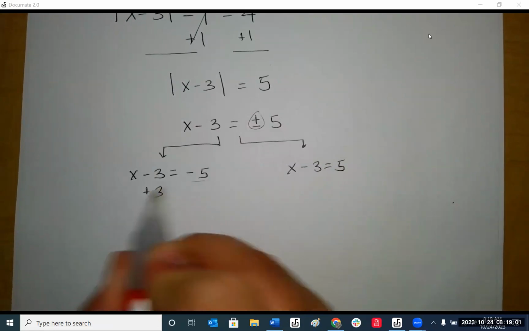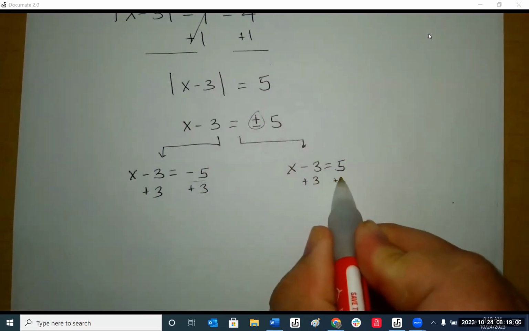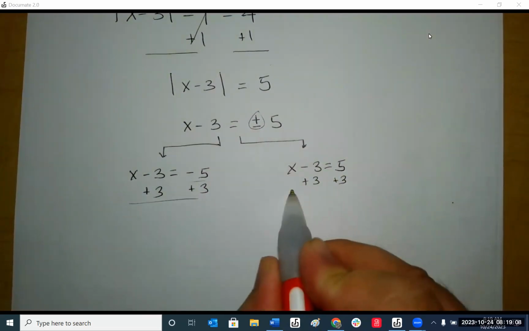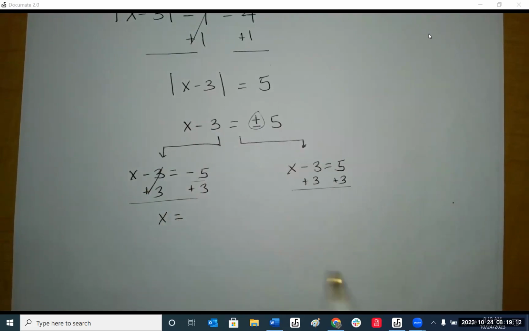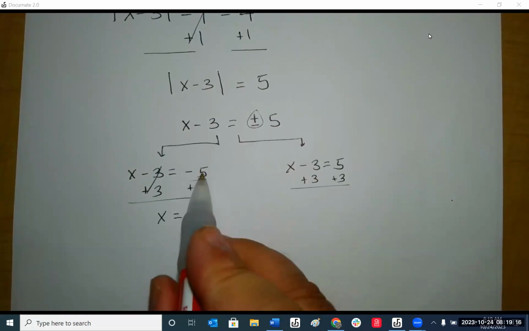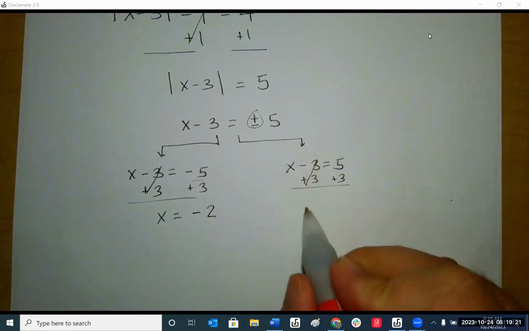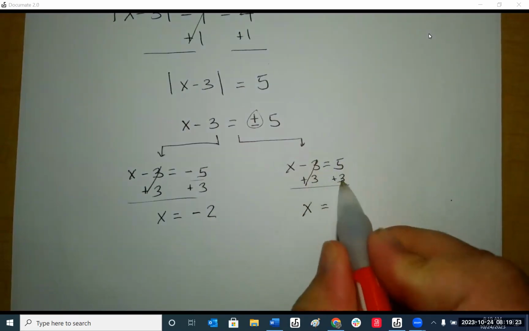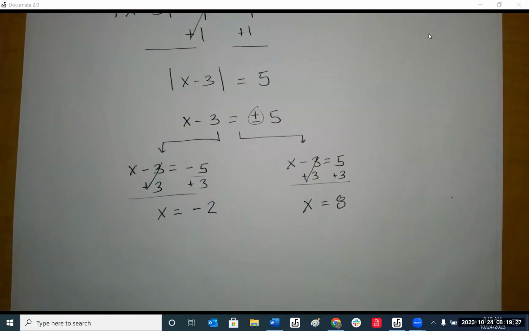So across the board, I add 3. Negative 5 plus 3, 5 is bigger, so the answer is negative. 5 minus 3 is 2. 5 plus 3 is 8. So these are our two potential solutions.